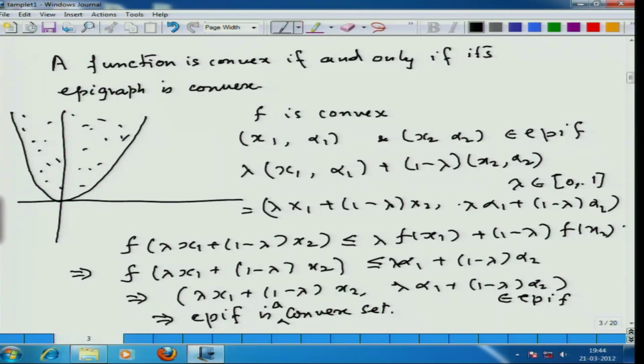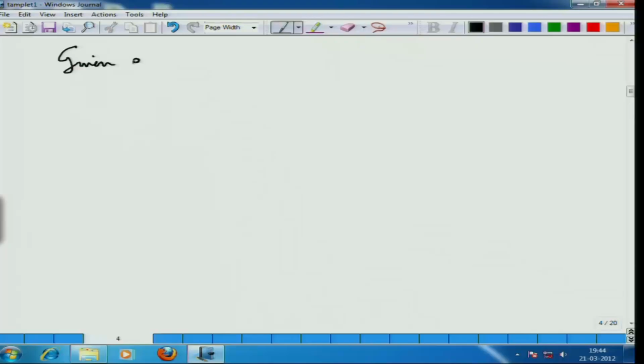Now, suppose I want to go back and prove that given epi f is convex, then f is convex.